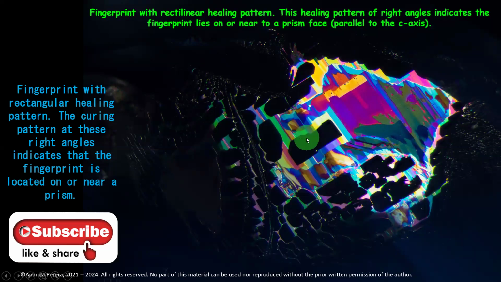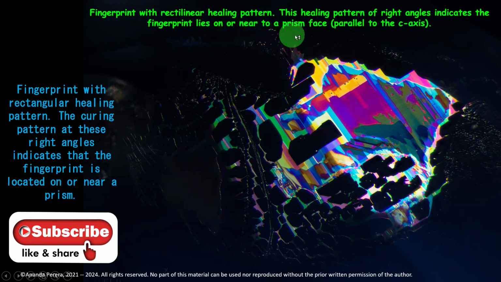That means a prism face parallel to the z-axis. If the prism's face is parallel to the z-axis, we can see rectangular shapes here. If it is not parallel, another shape is there. We are learning later. So there are two things.